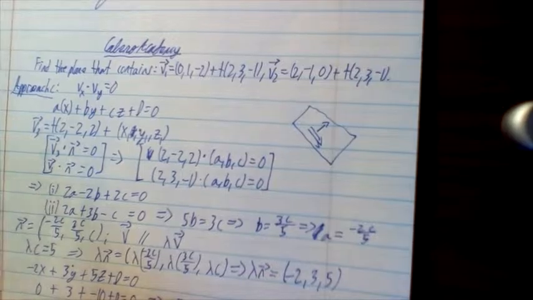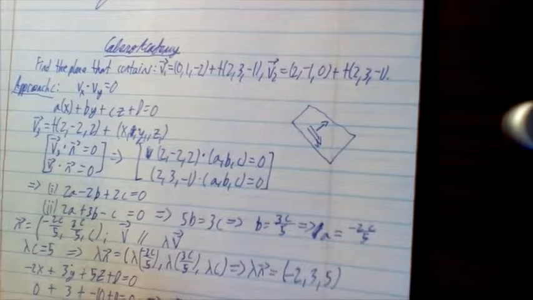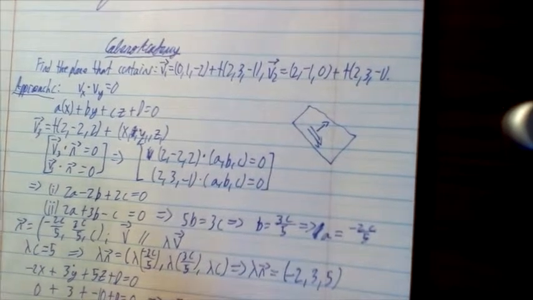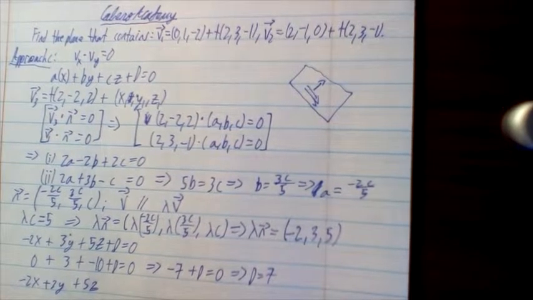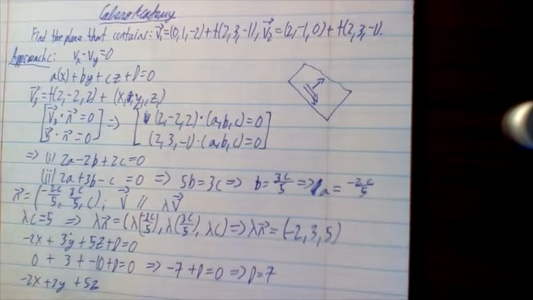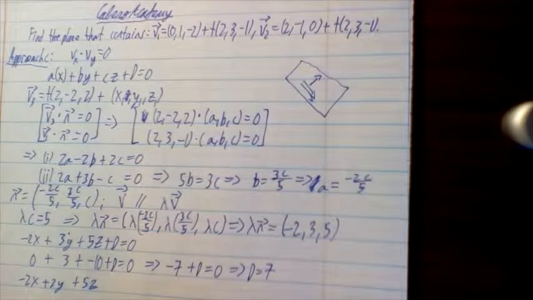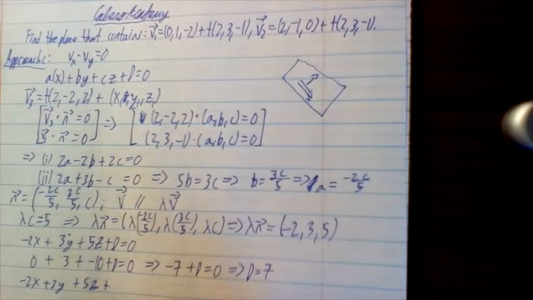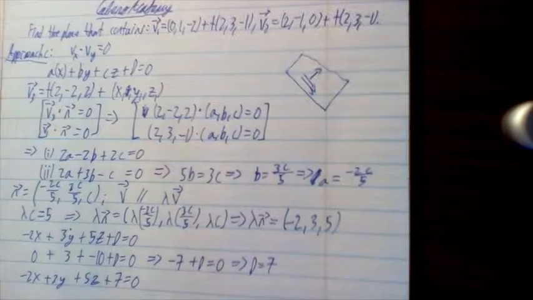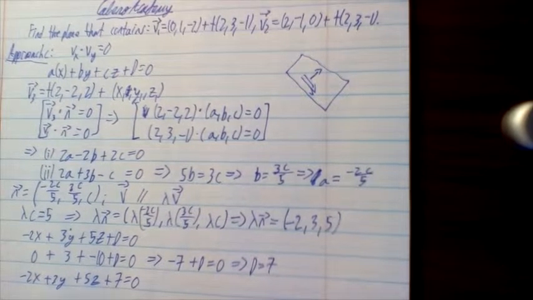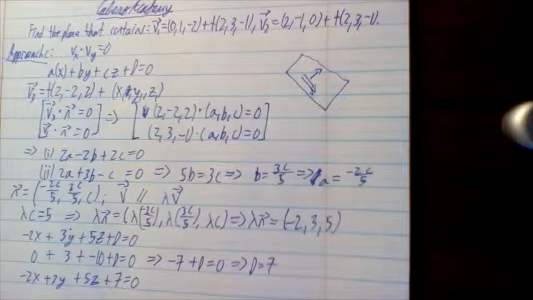So we have our equation: minus 2x plus 3y plus 5z. Sorry about that. It wasn't that clear for you. I actually didn't move it up enough for you. Sorry. So minus 2x plus 3y plus 5z plus d, which in our case is equal to 7, is equal to 0. So we have found the equation of the plane that contains vector 1 and vector 2.